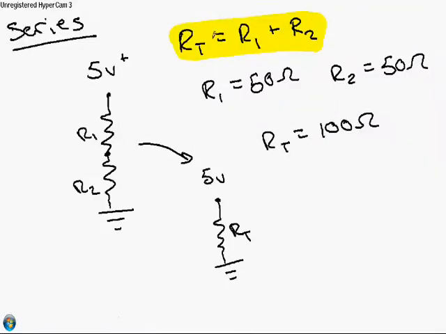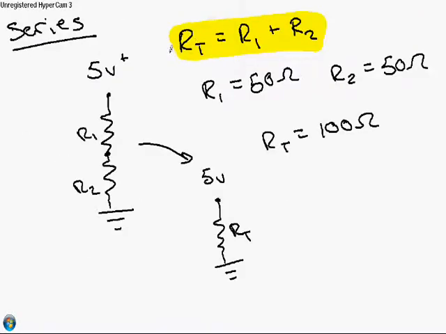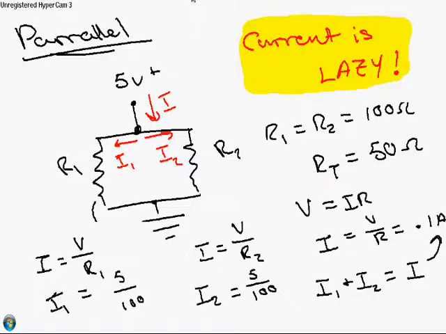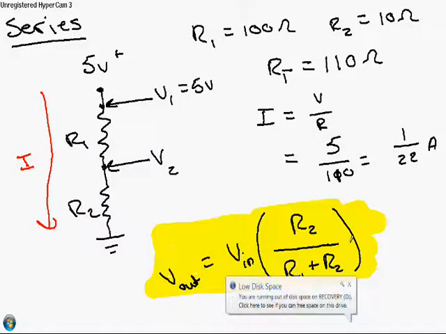Good equation to remember. Series. It's a resistance stacker. The current remains constant as opposed to the parallel, and the voltage changes as opposed to parallel. So, again, another good equation to remember. Replacing two resistors with one. What's that called? Equivalent resistance. Another good equation to remember. Voltage division throughout a series circuit.